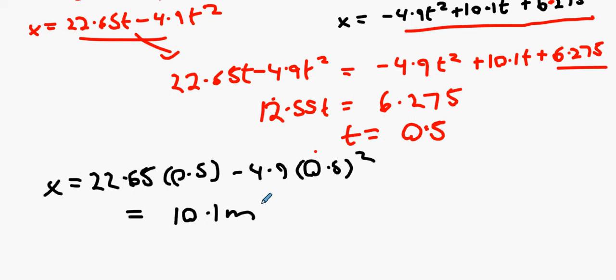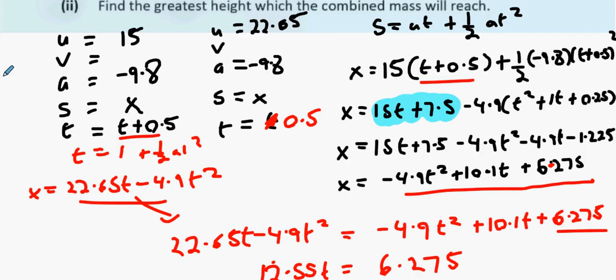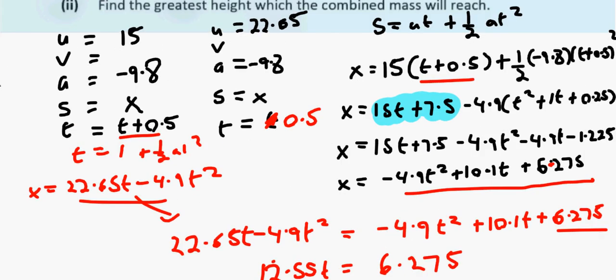All right. Next thing we are going to do is find the v values of both of them. Okay, so v equals u plus at. So the first one is 15 take away 9.8 t.